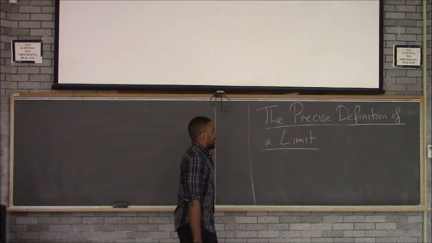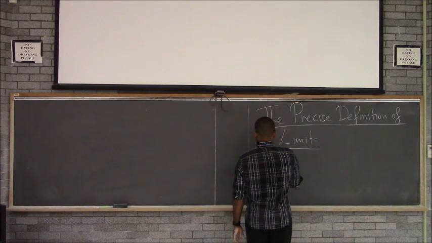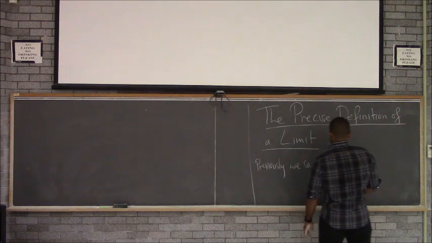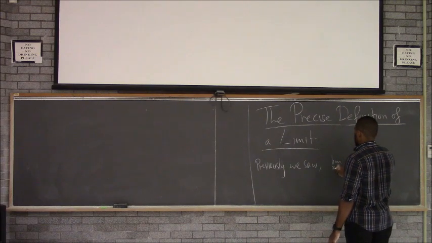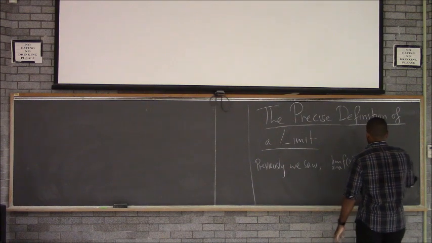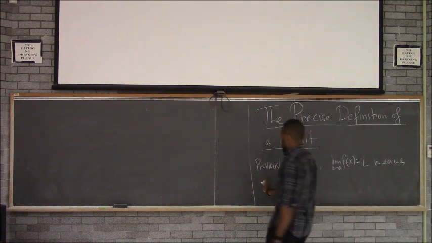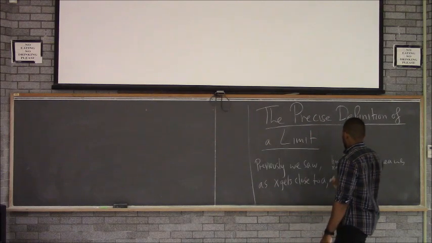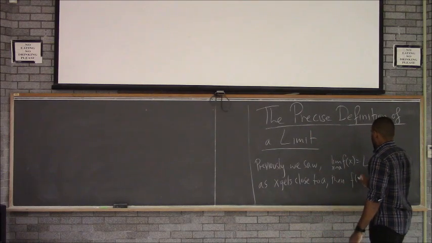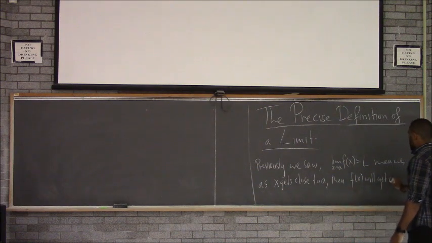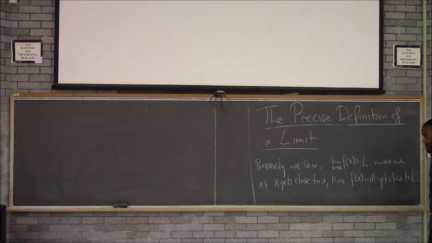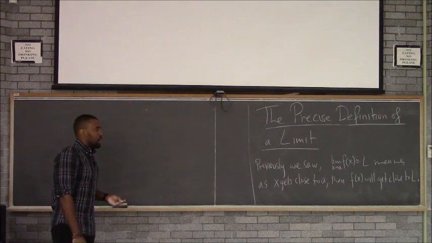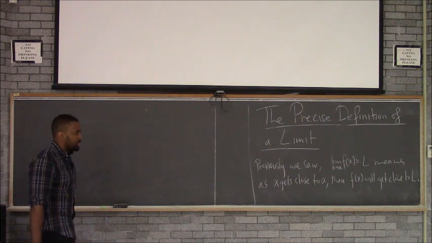So, previously we saw that the limit as x approaches a of f of x equals L means as x gets close to a, then f of x will get close to L. Now I gave you this definition, and I believe even at the time, you can check your notes, I described this as the fuzzy definition, the kind of intuitive definition that we can get a lot done with.